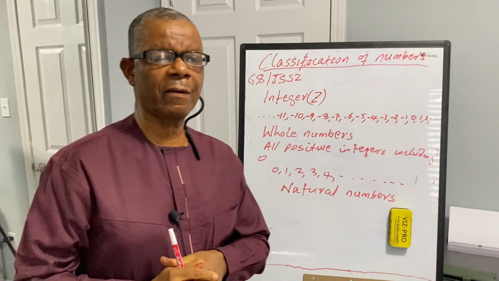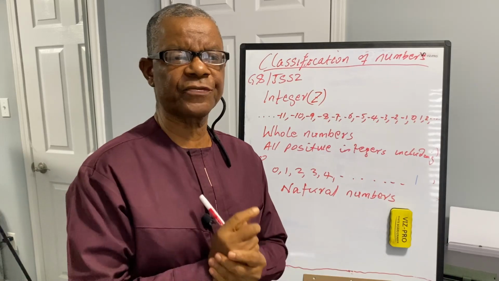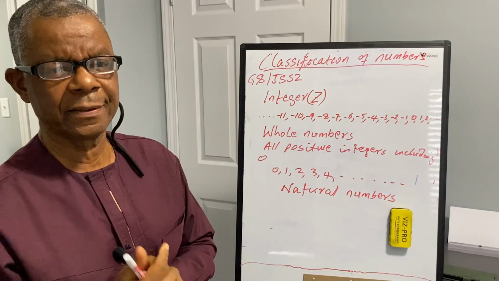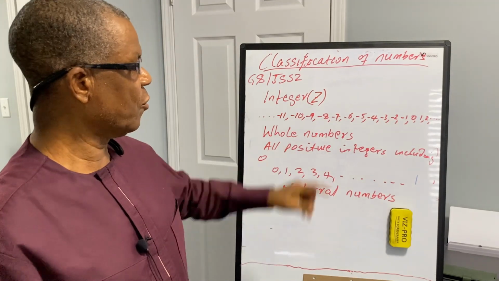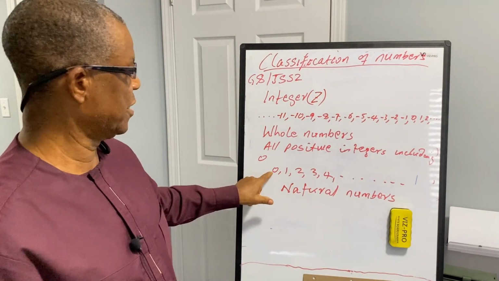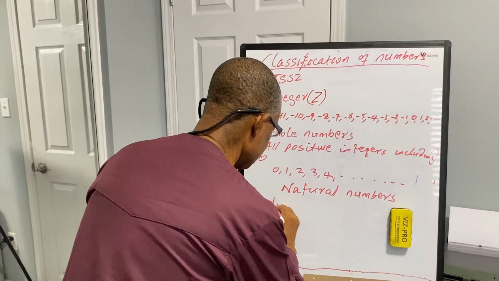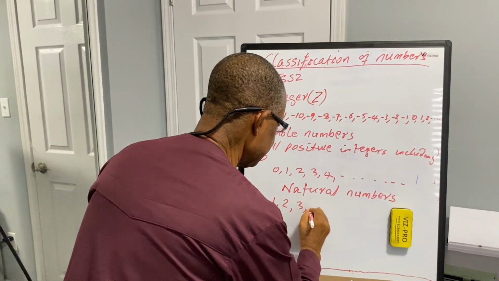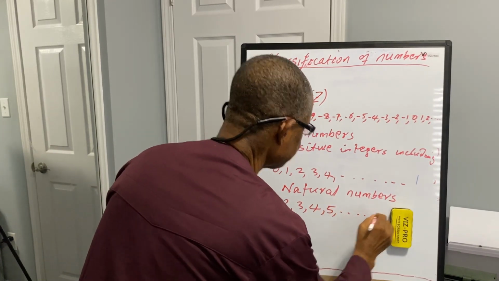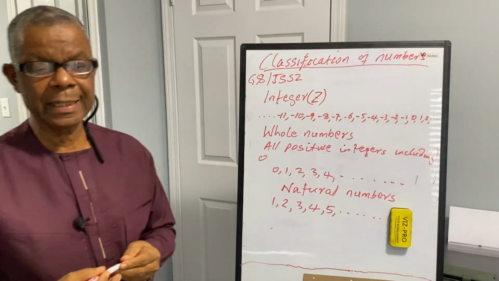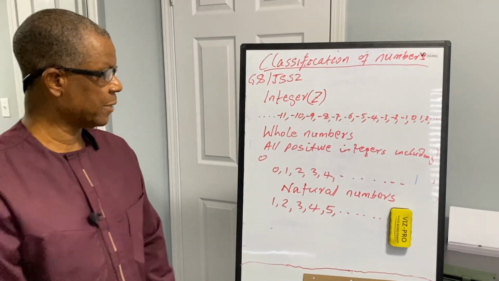All the natural numbers are the positive numbers of integer from 1. The only difference between natural number and the whole number is this 0. We mean 1, 2, 3, 4, 5 to infinity. These are natural numbers.